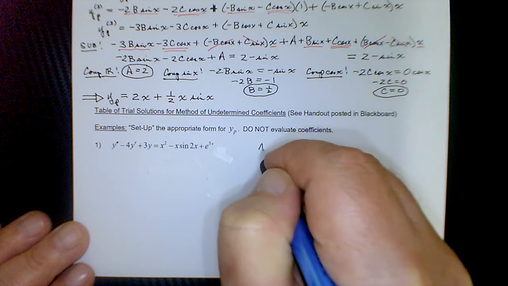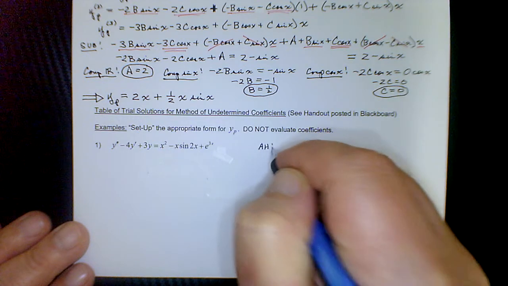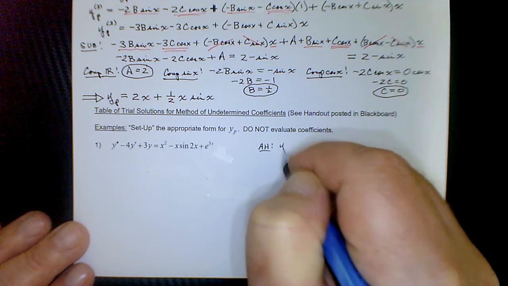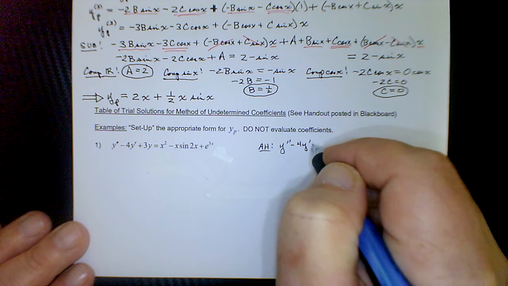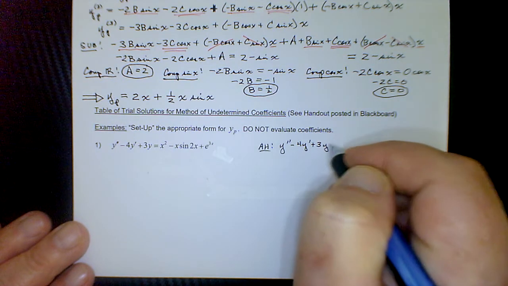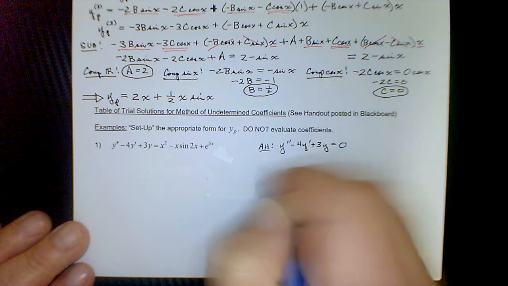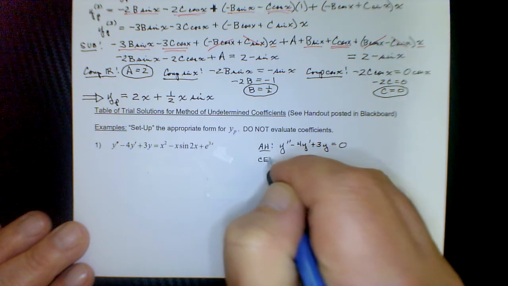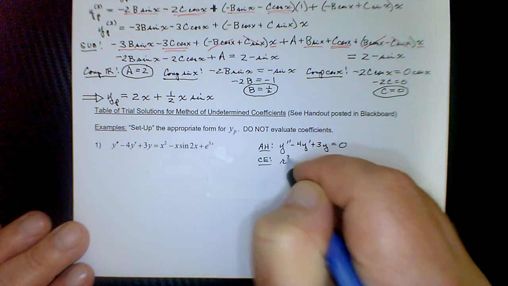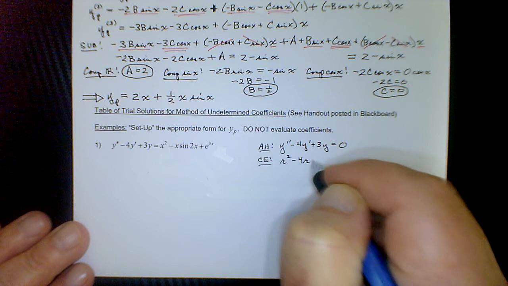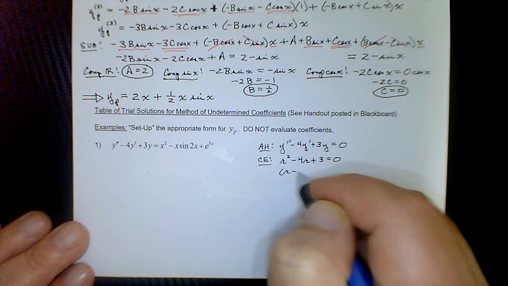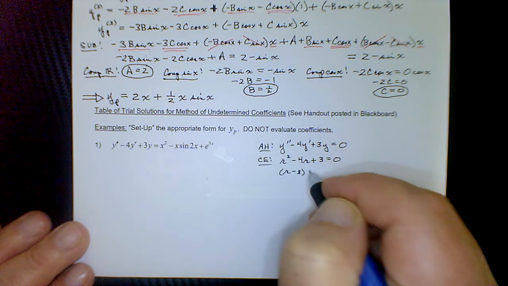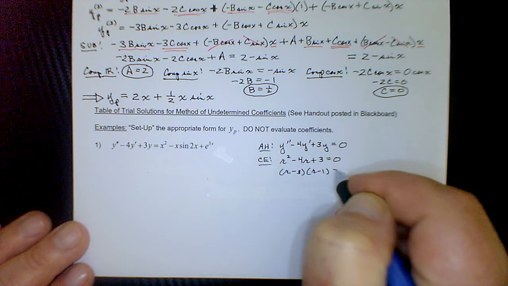So the associated homogeneous is y double prime minus 4y prime plus 3y equaling 0. And the characteristic equation is then r squared minus 4r plus 3 equals 0. I'm going to factor that. r minus 3, r minus 1 is 0.